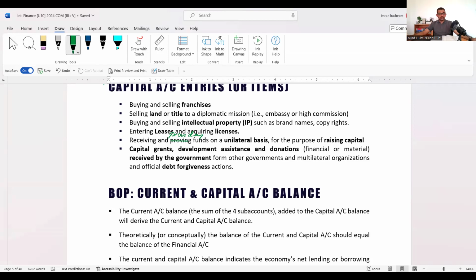Okay, funding requirements to raise capital. Then capital grants, development assistance, and donations. This is mainly government, right? Related official financial or material aid received by the government from other governments and multilateral organizations, and official debt forgiveness.